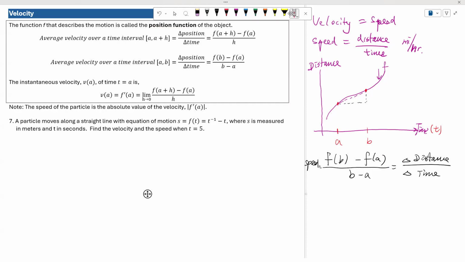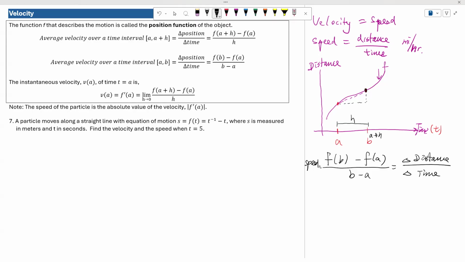The average velocity over a time interval between t equal to a and t equal to a plus h will be the change in the position over the change in time, which is f of a plus h minus f of a over h. In this case, instead of giving you a b, it actually gives you a distance h, so this becomes a plus h, okay?